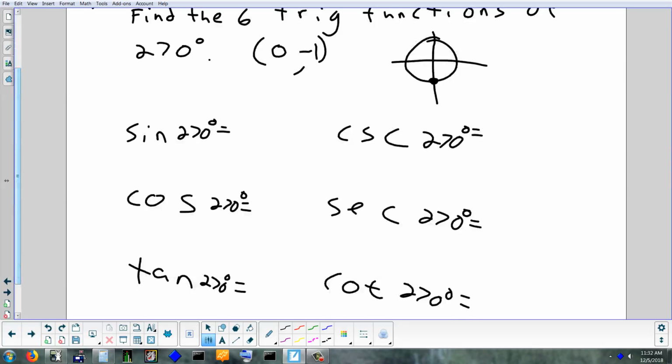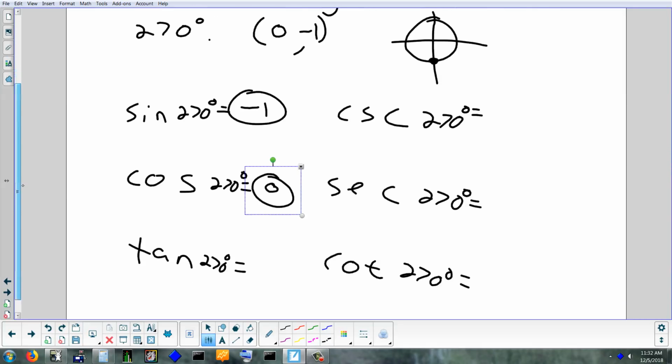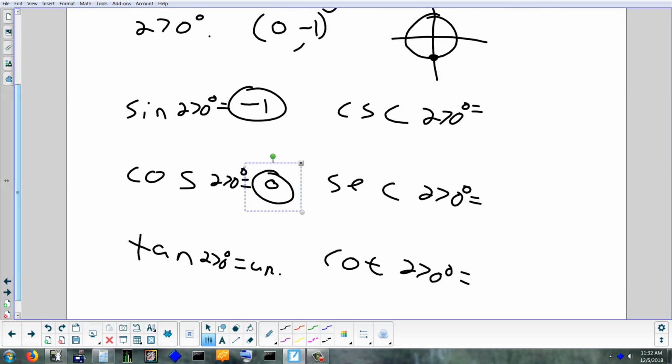What's my sine? -1. My cosine? 0. And my tangent is when I divide y by x. Undefined. Right. How about my cosecant? It's -1. There's two numbers you can flip and they stay the same.